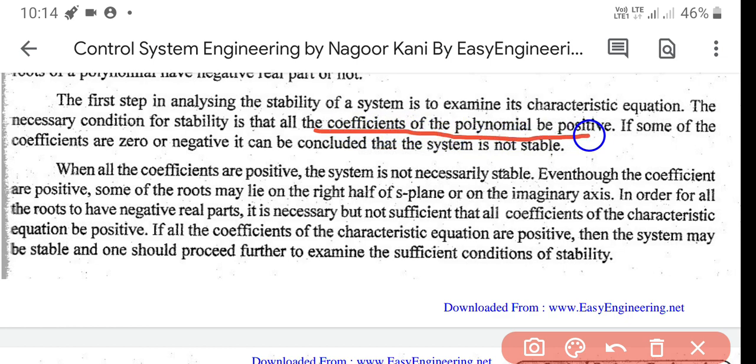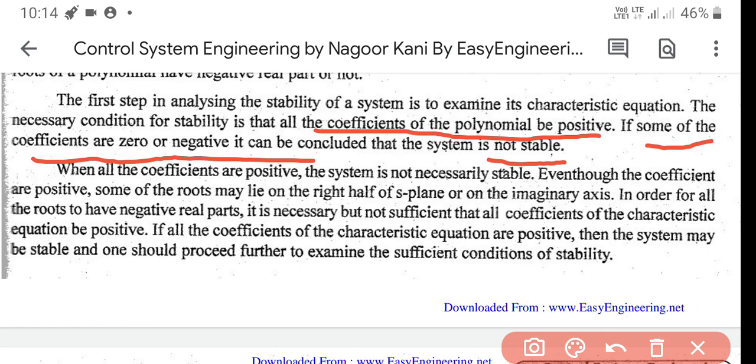If all the coefficients of the polynomial are positive, you are saying that the system is a stable system. If for the given characteristic equation any one of the coefficients is 0 or negative, then you are saying that the system is not a stable system.